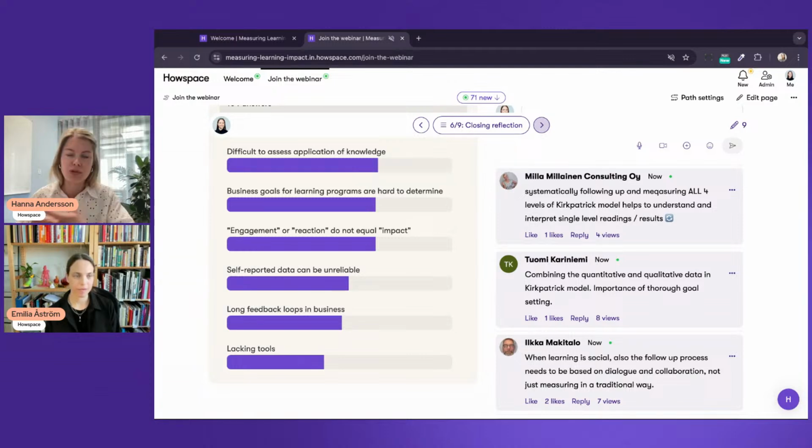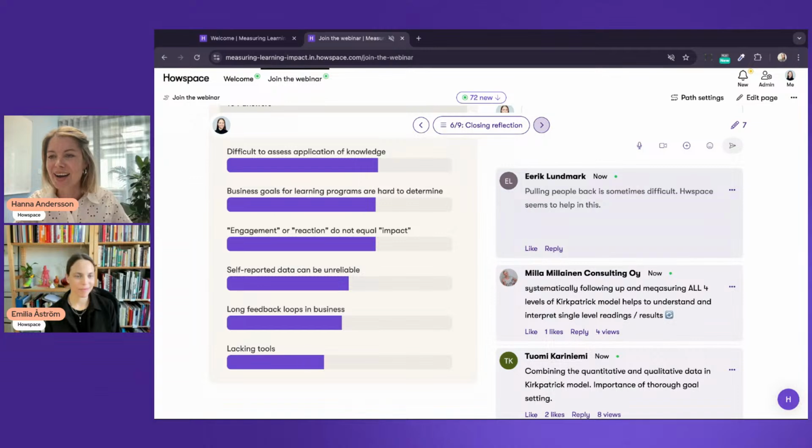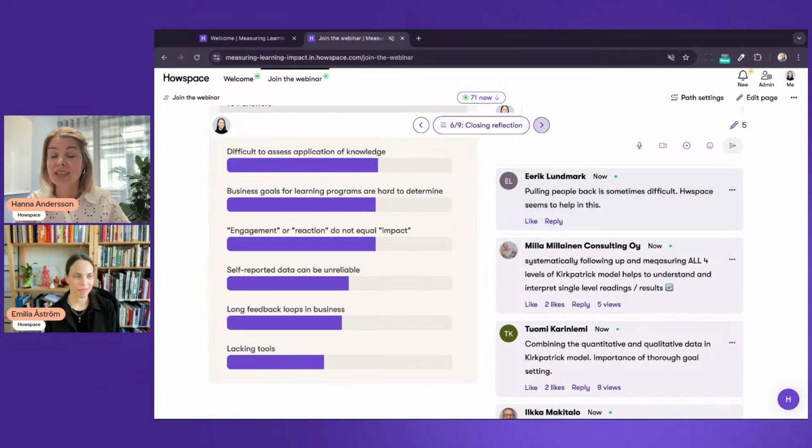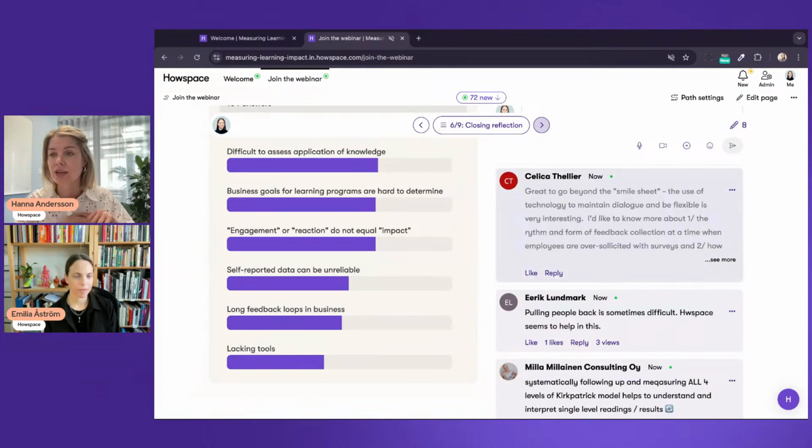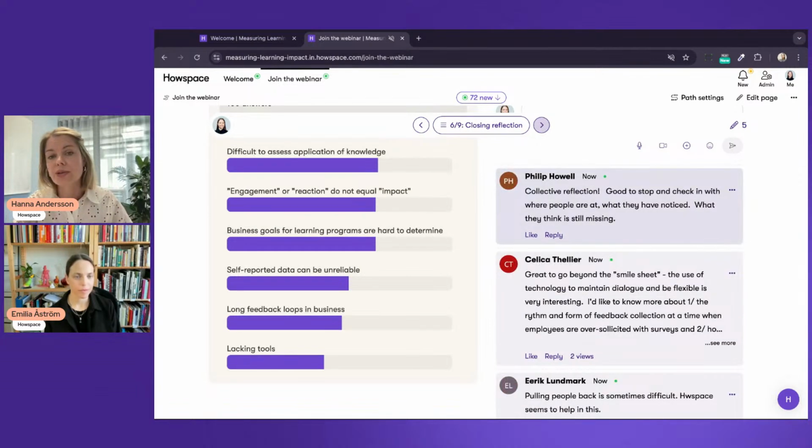But well, if you're asking us, and you are, since we are hosting this session, we are using a lot of different evaluation methods in Housebase. Some are surveys or polls that you probably recognize. Others are more qualitative, as you can see here, or as you could see in Lotta's example, where we had different discussion threads, for example.